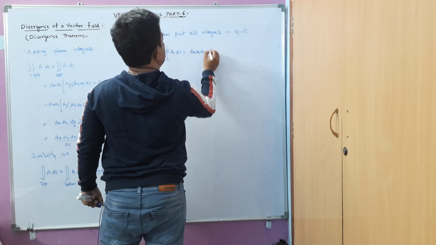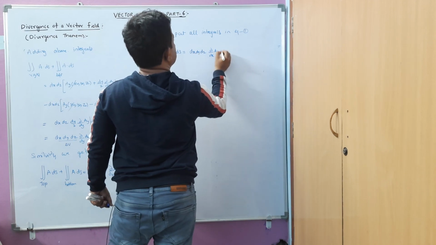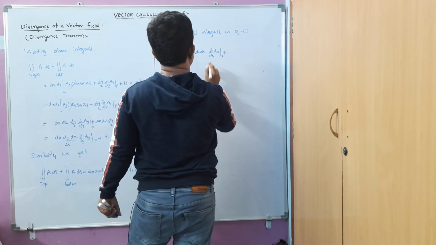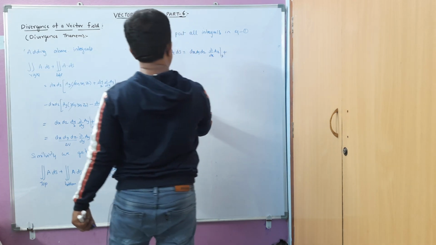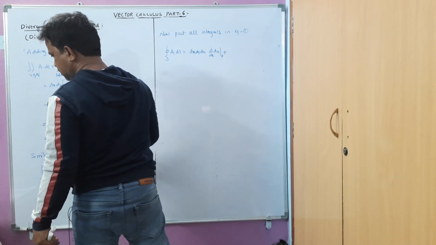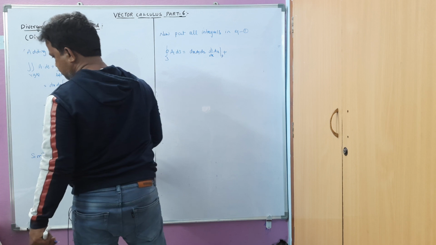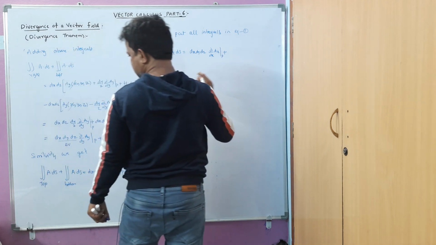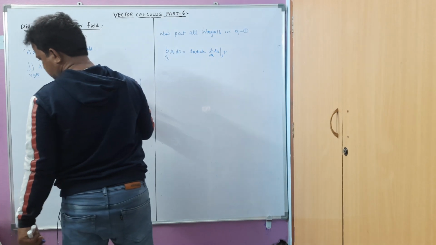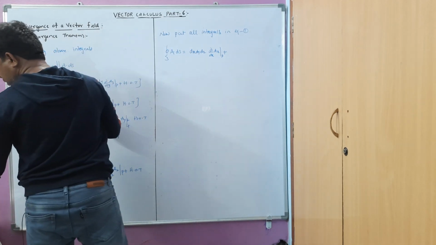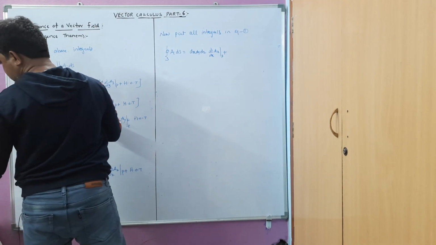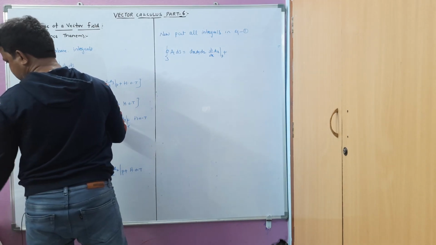dz dou by dou x of ax at P plus, next for the second one, as the term after adding this one, we have taken the front to back, next left to right.